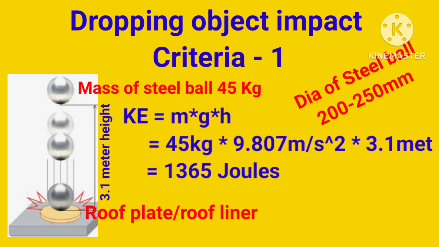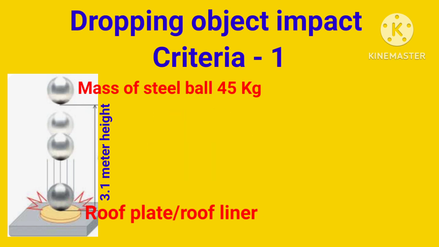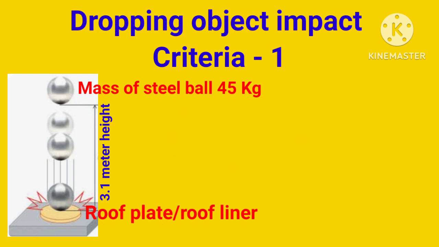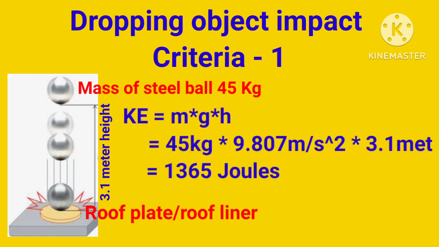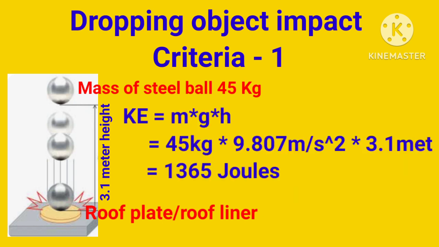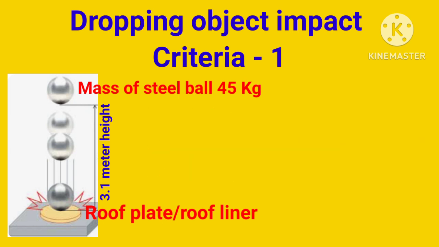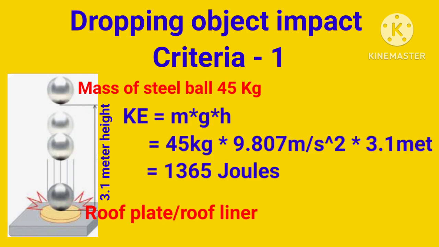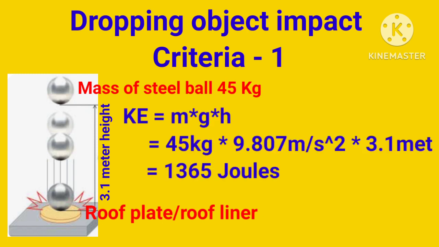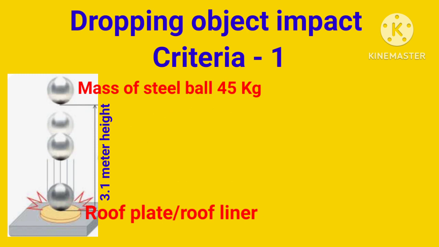In testing, we are considering that the iron ball becomes the rock in our practical case. So now we are going to put in those values: 45 kg iron ball weight, multiplied by 9.807 meters per second squared, that is our g value, it is constant, and height should be 3.1 meters according to the regulation.